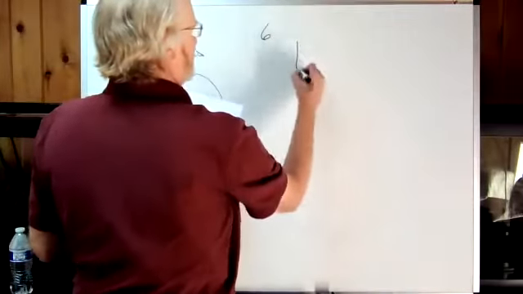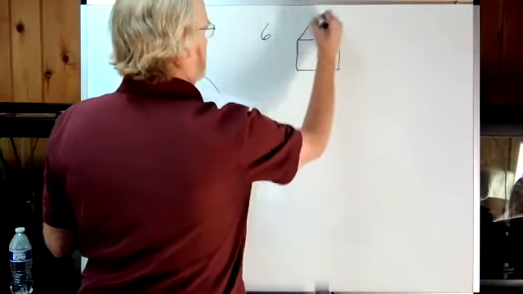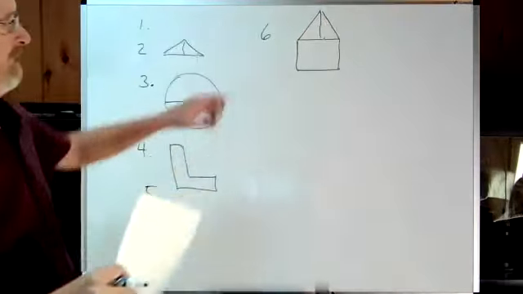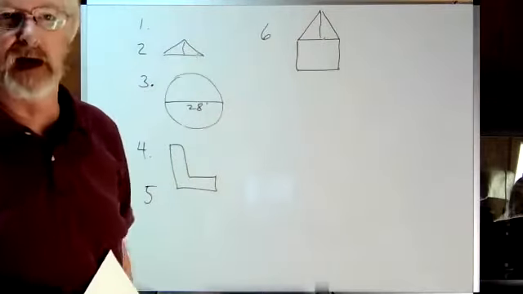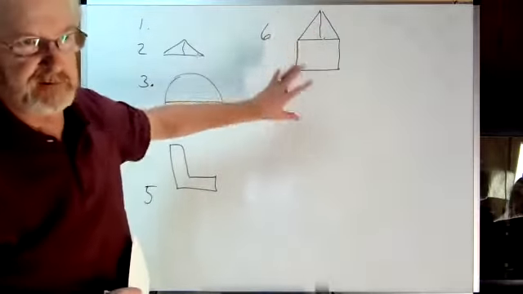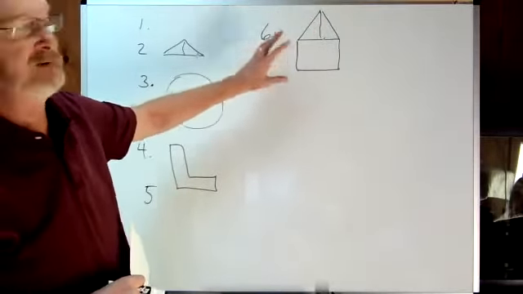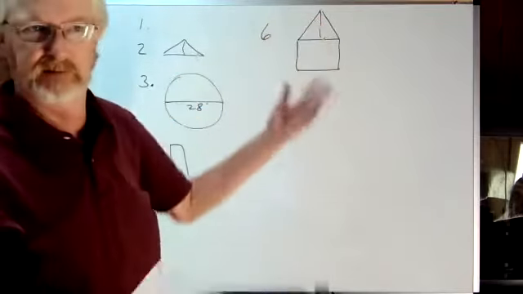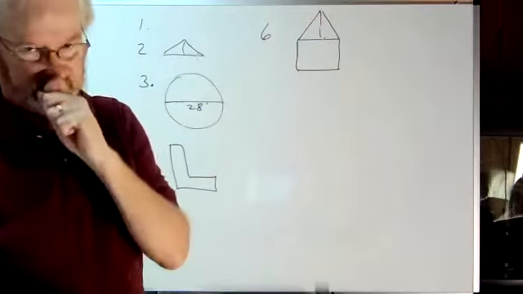Mine looks like this. It's a rectangle with a triangle on top, and you're supposed to find the area. You're given all the numbers you need, but I've got 2 different shapes. I have to find the area of the rectangle and add it to the area of the triangle. Just put the 2 together. Okay.